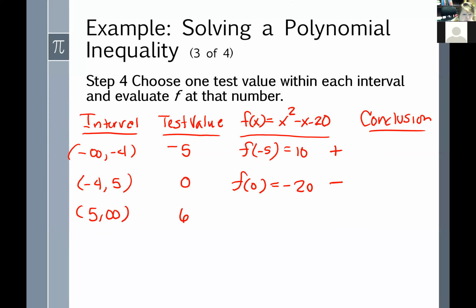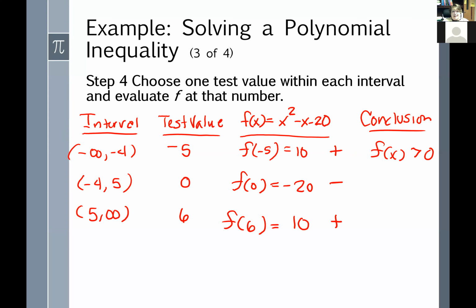Well, that's negative. If I plug 6 into this function, I get 10. Well, that's positive. So my conclusion is that for that test value of -5, then over the entire interval from -∞ to -4, my function's positive. So my function is greater than 0.